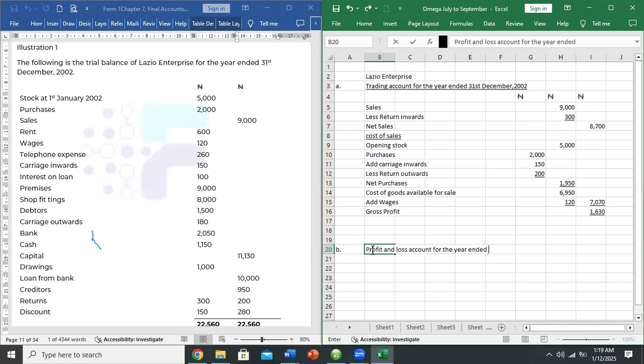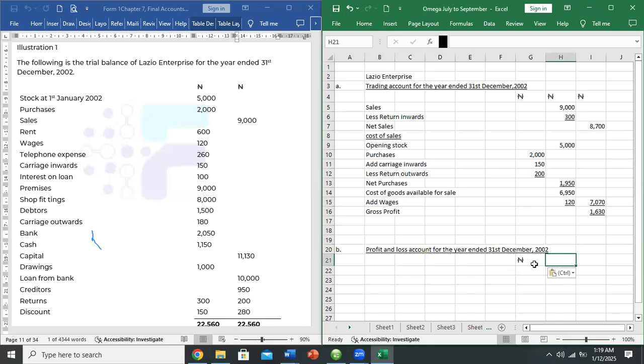So for the profit and loss account, we write the title: Profit and Loss Account for the year ended 31st December 2002. Again, we put in our currency, Naira. The profit and loss account can do with only two amount columns, right?